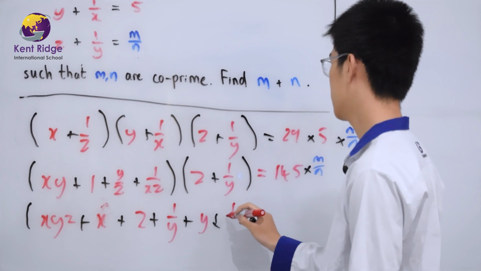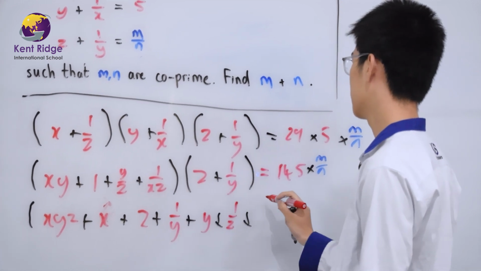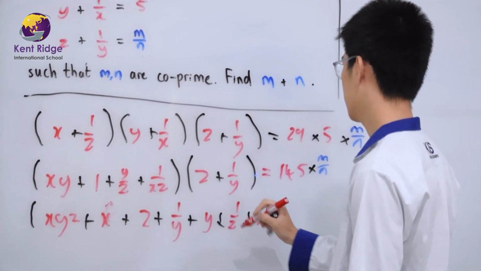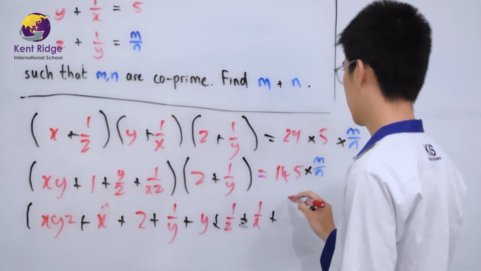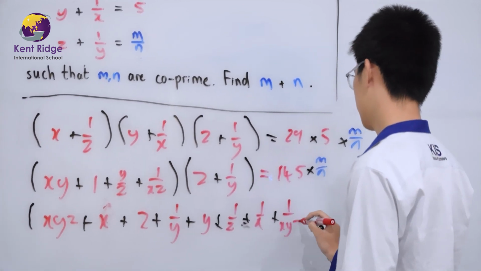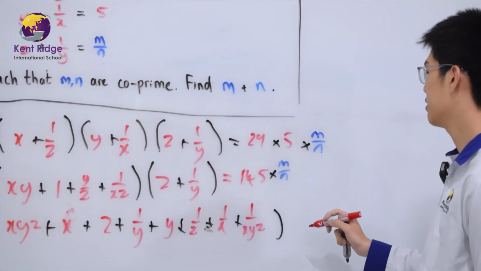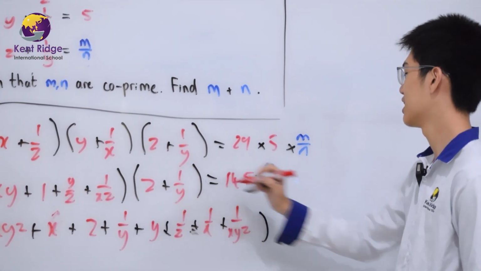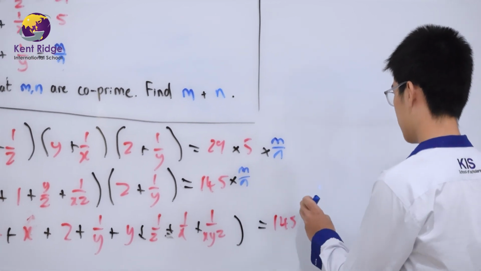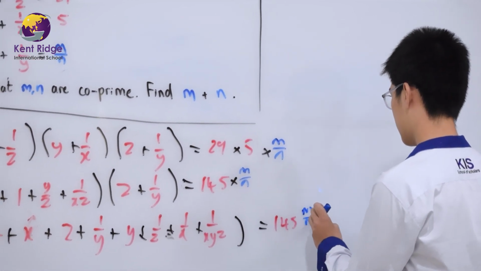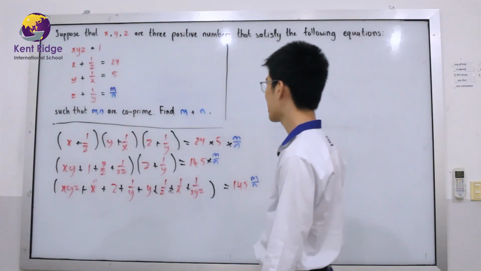It's just 1 over z, and this is 1 over x. And then this is 1 over x, y, z. Then we can just leave this part as it is, times m over n.